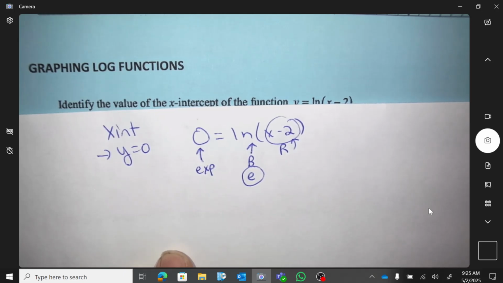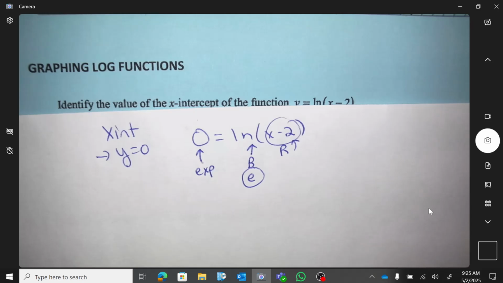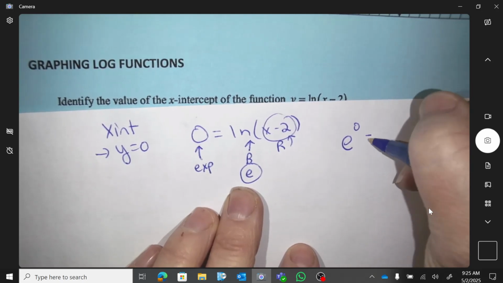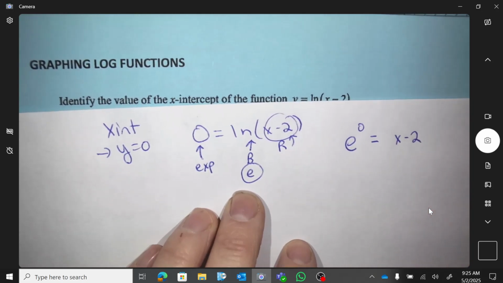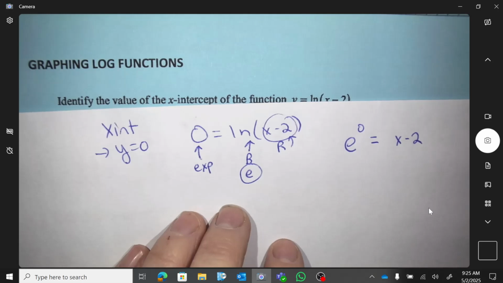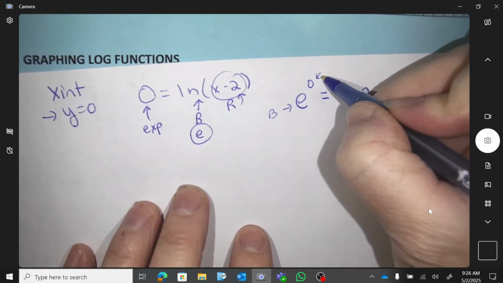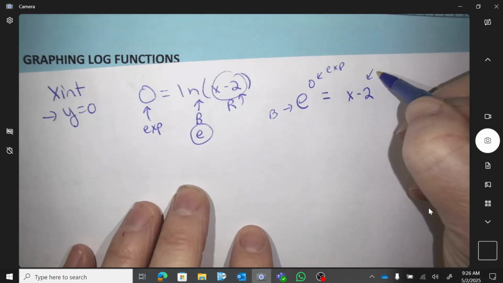Can you move all that stuff around? It's log right now. Can you change it so it looks exponential? Base, exponent, result. See how I moved it? Base, exponent, result.